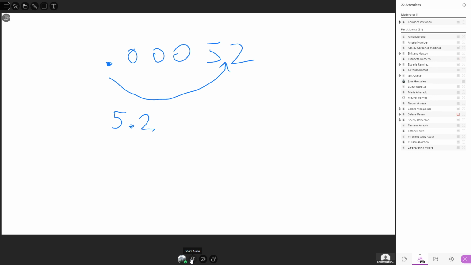Next step, times 10. Then you multiply by 10. And the exponent? It's going to be negative 4. Negative 4, yes. Good with that? Yes, sir. So that number equals this number in scientific notation.